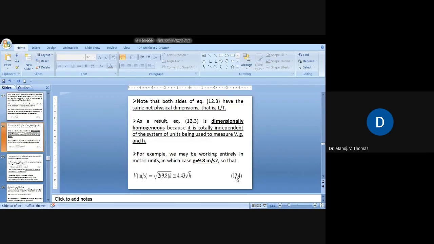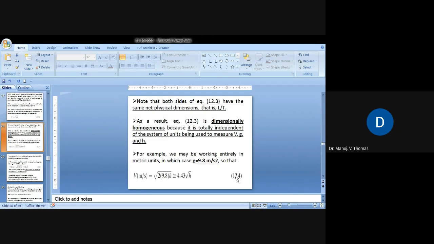So that is the meaning. Both sides of the equation have the net physical dimensions L by T. So we call that particular equation dimensionally homogeneous. Why? Because it is totally independent of the system of units being used to measure V, g, and h. You can measure the length in centimeter or in meter, no problem.